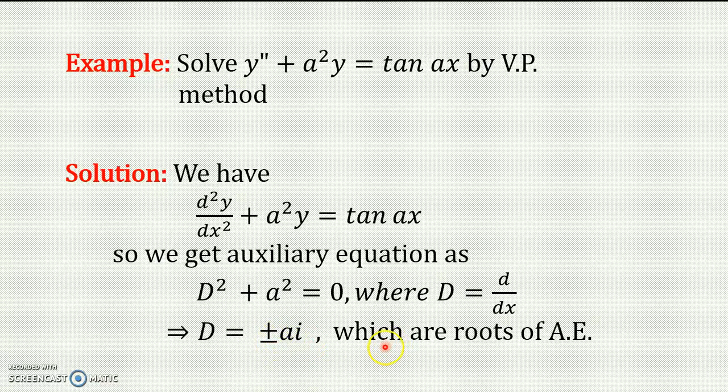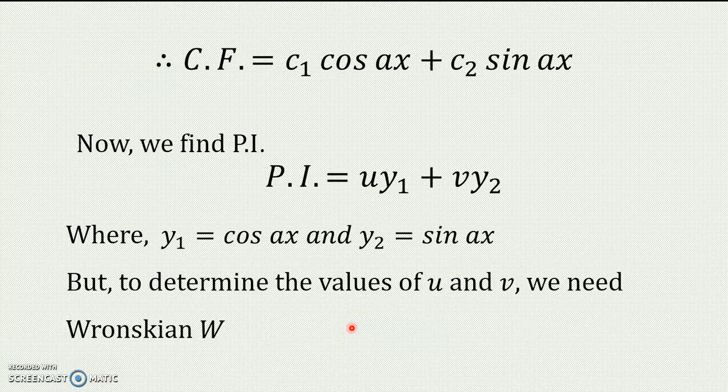We get complex roots of the auxiliary equation, and therefore the complementary function is c1 cos ax plus c2 sin ax.